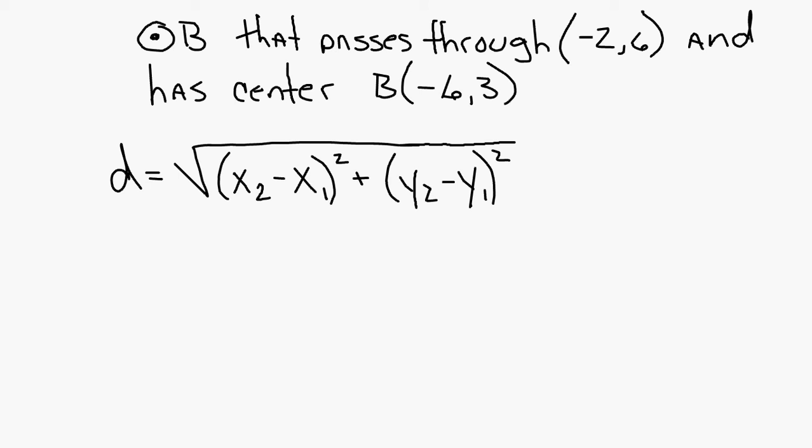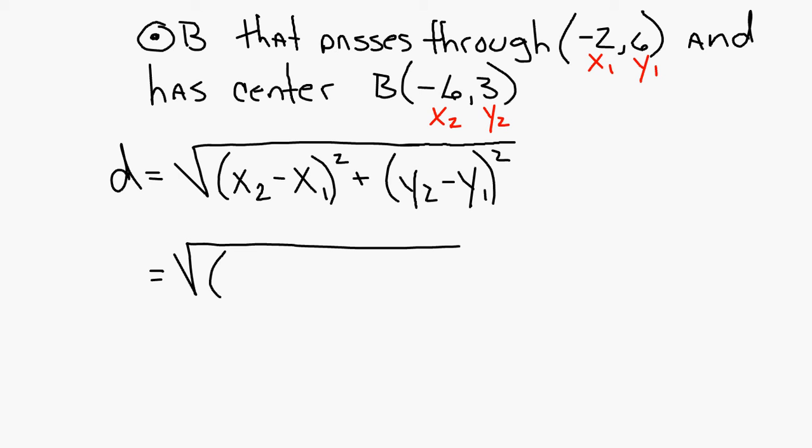So in this case, the distance from the center to the edge of the circle is going to be equal to the square root of, I'm going to label these first. Here's x1 and here's y1, and then here's x2 and y2. So it may help to keep them organized. So let's see.